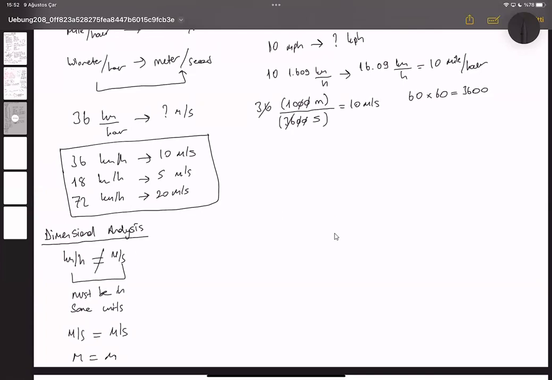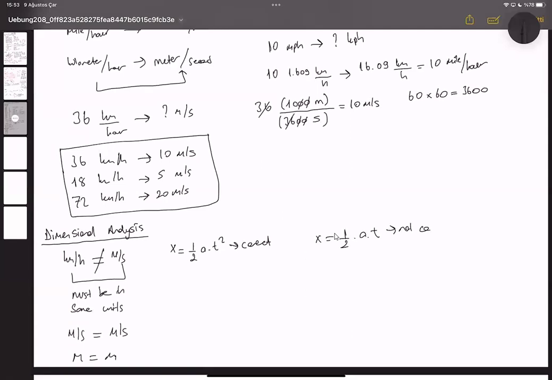So, for example, you are using a formula. A formula is x equals 1 divided by 2 a t squared. This is the correct formula. We will find the dimensional analysis of it, but we will write down a not correct formula. For example, x equals 1 divided by 2 a times t.